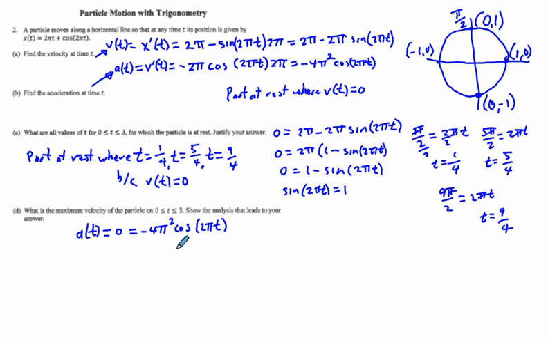Okay, so basically what we're going to do is divide by 4 pi squared and rewrite this, I'm just going to work to the right here to save room. We can set 0 equal to negative cosine of 2 pi t.